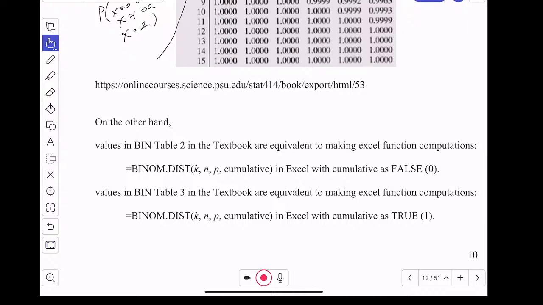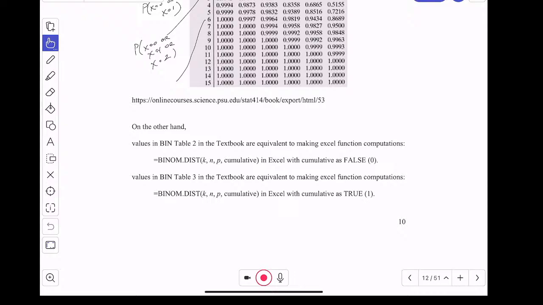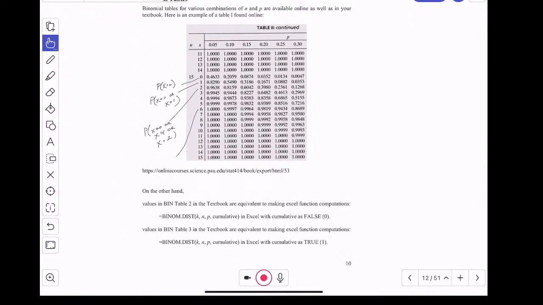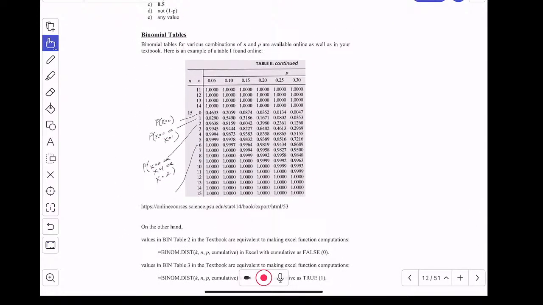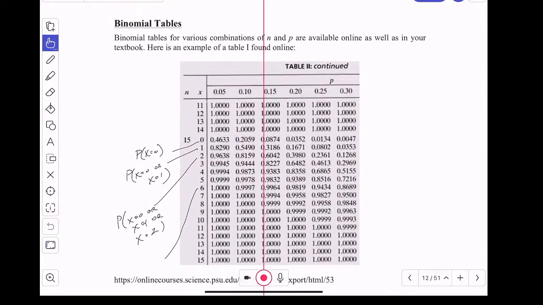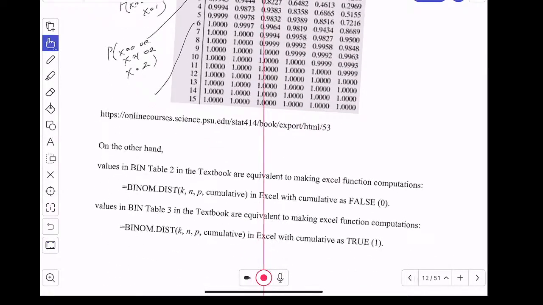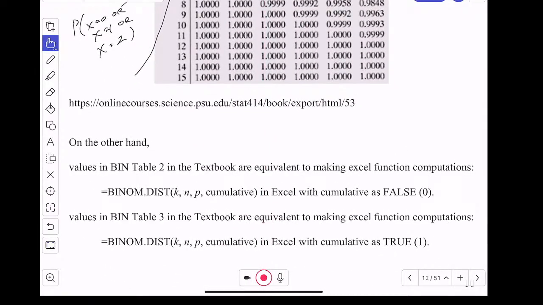If you want cumulative values, you need to tell Excel the K that you want, the N that you want, the P that you want, and then cumulative would be 1.